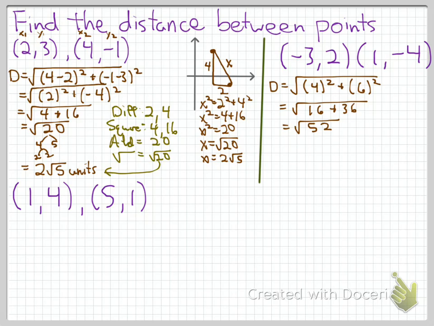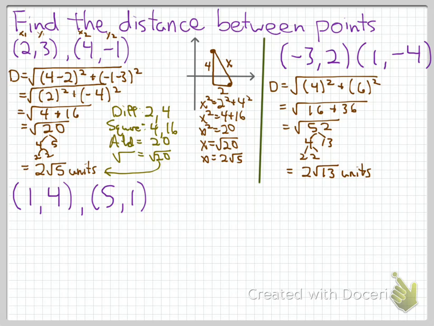And then 52 is 4 times 13, which is 2 and 2, so we actually can move that down, and we get 2 root 13 units. If we had to approximate the square root of 52, 49 we know is 7, 64 we know is 8, so we know it's between 7 and 8, probably a little closer to 7.